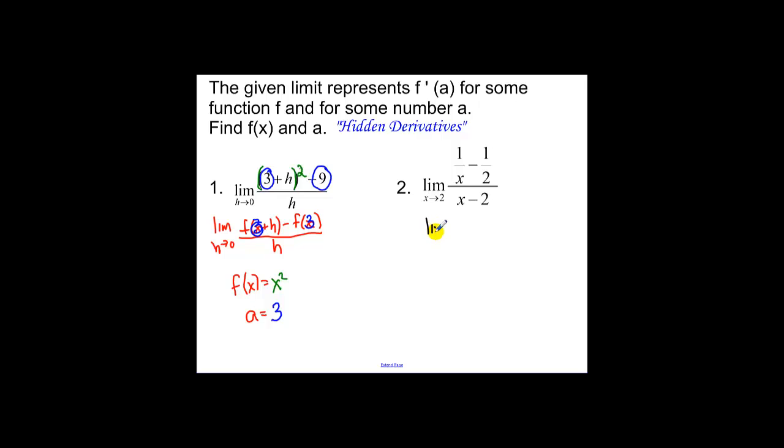Now let's look at the other definition that I gave you guys. Now, what does it appear a is? Notice how in the limit spot for a, and right there, a, we have the number 2.